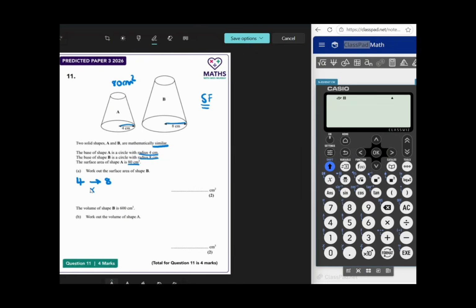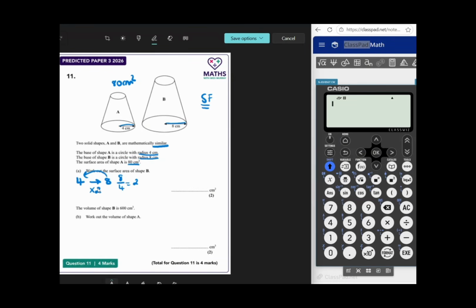This is nice and easy because you've got whole numbers, but if you need to work out what it's been multiplied by, you do the reverse and divide. So it's the larger divided by the smaller. 8 divided by 4 is 2. So my scale factor is 2. So basically, shape B is an enlargement of shape A by scale factor of 2. And because there's not been an enlargement question, it could well be that they put similar shapes in because they are linked.